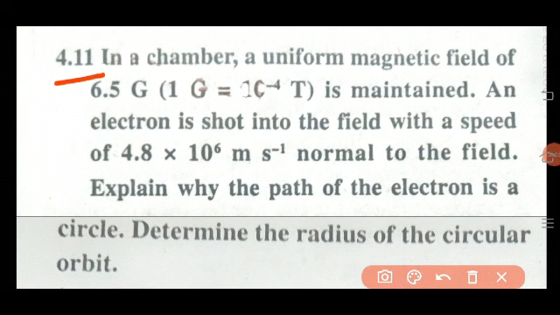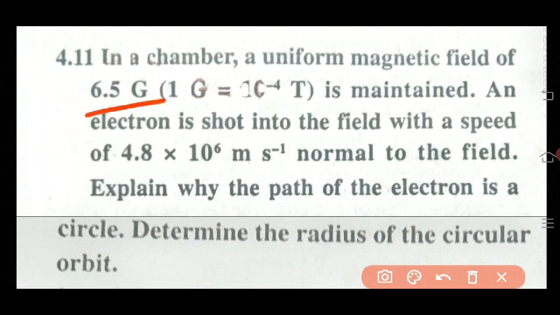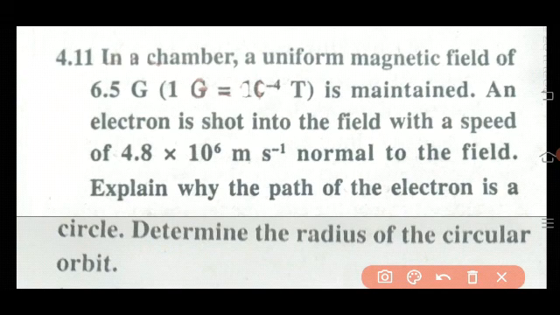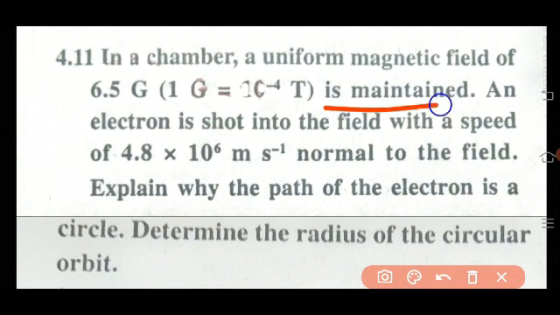Consider question number 4.11. In a chamber, a uniform magnetic field of 6.5 Gauss is maintained, where 1 Gauss equals 10 to the power of minus 4 Tesla. You should remember this value. You have to convert it into SI units, that is, Tesla.